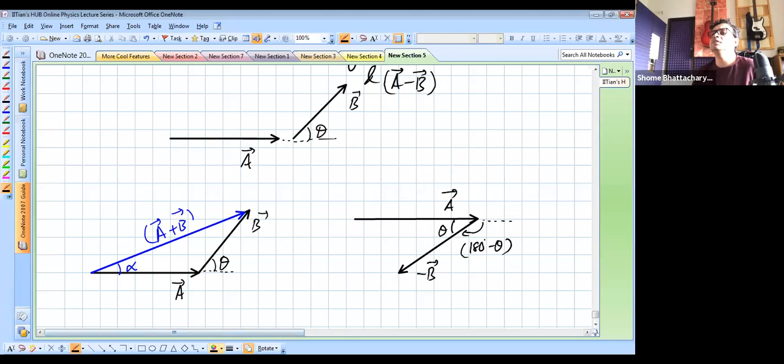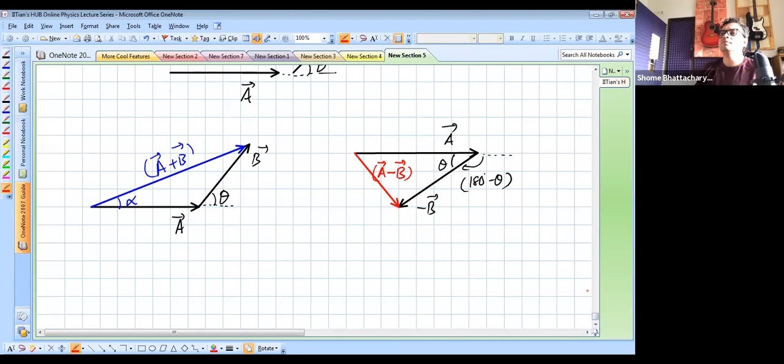And in that diagram, the difference of the two vectors is nothing but this third side of the triangle. So this now represents A minus B.